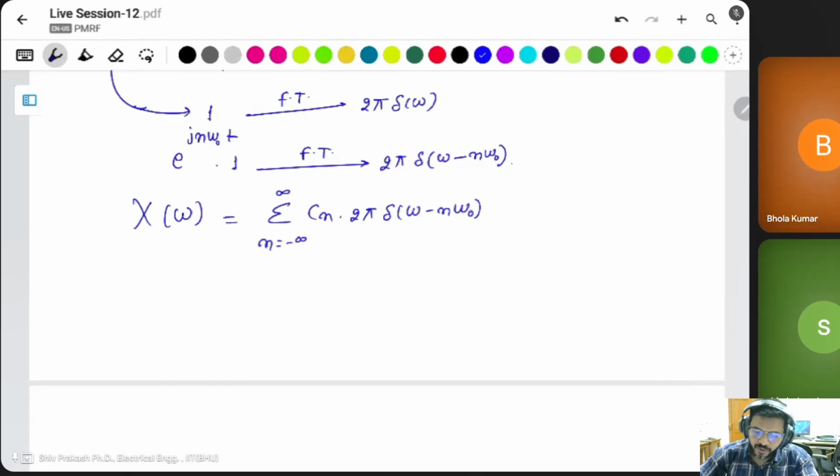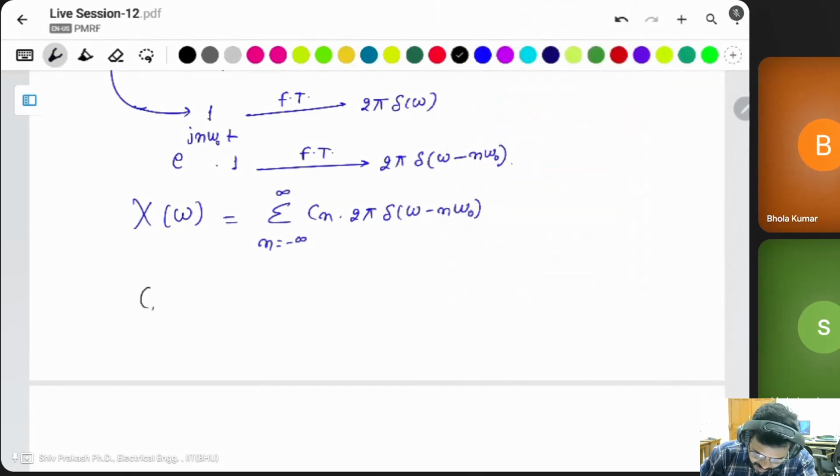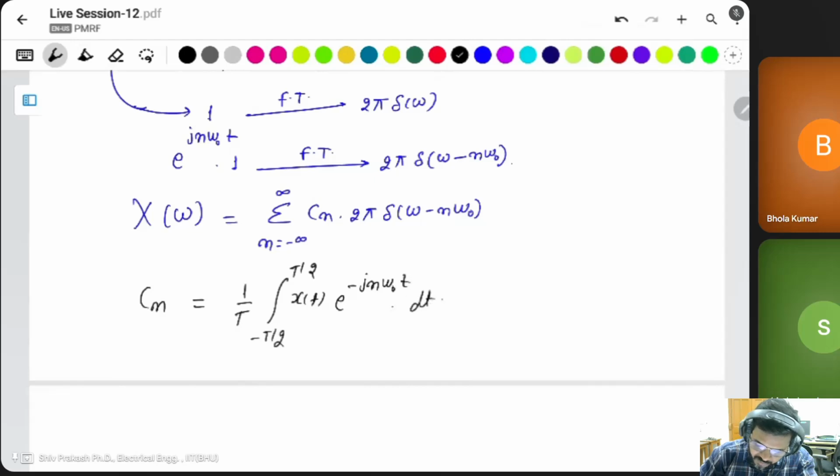Then you know about the Cn. You know very well what the Cn is. Cn is equal to 1 by T integration of minus T by 2 to plus T by 2 x(t) into e to power of minus j n omega naught t. This is the Cn.